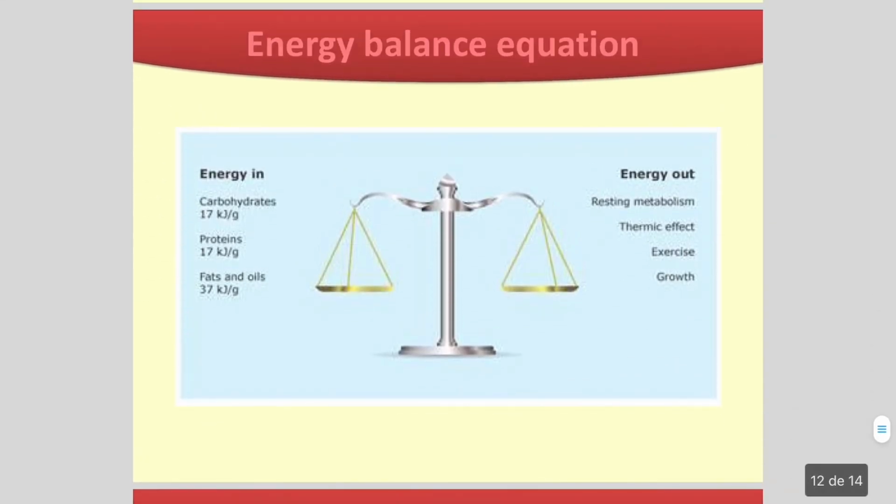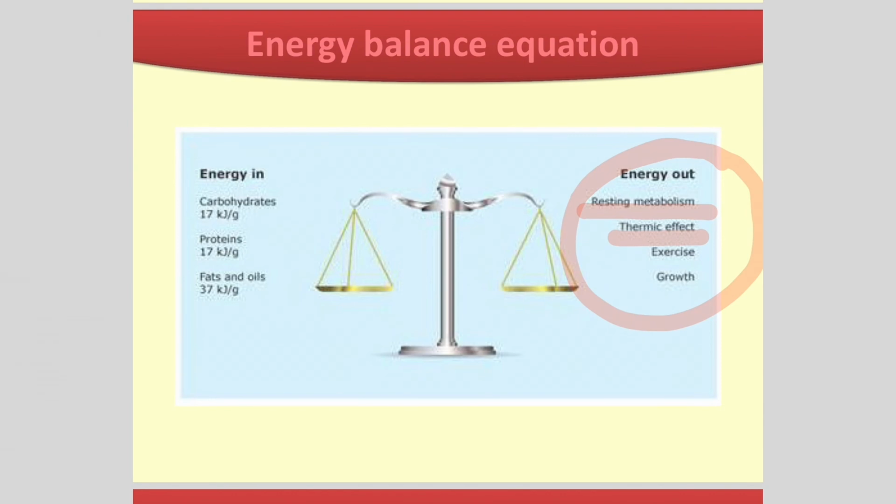So once we have calculated the energy we use in a day with the basal metabolic rate, the thermic effect of food, and the physical activity, this value has to be exactly the same as the energy intake.